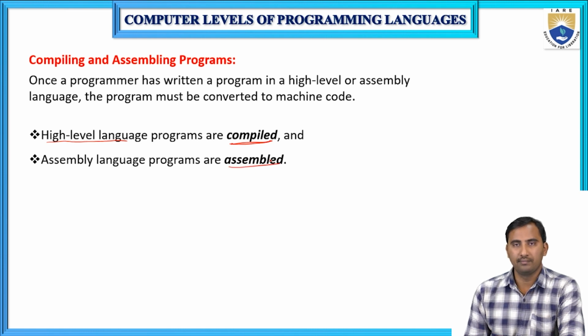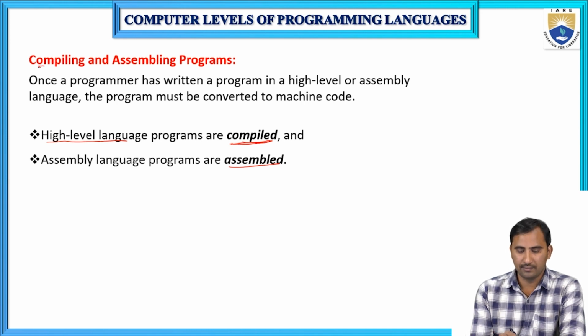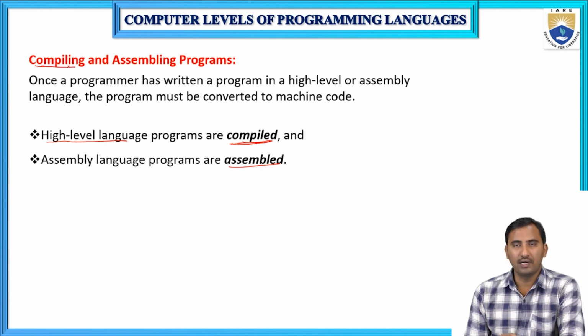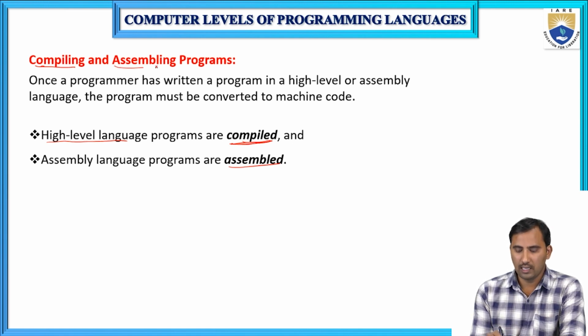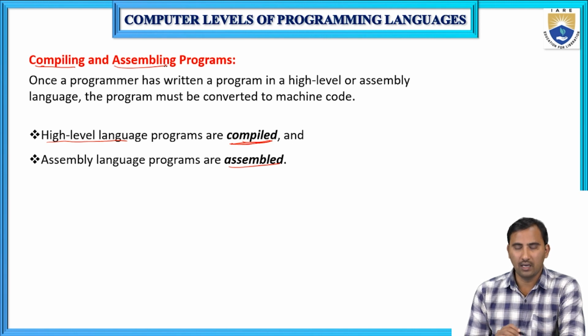The process of converting the high level language into machine understandable code is called compiling. The process of converting the assembly language program into machine understandable code is called assembly. So these are compiling and assembling.